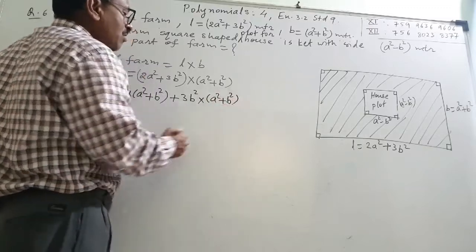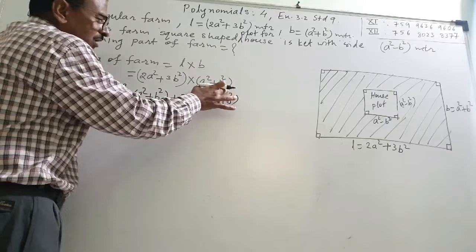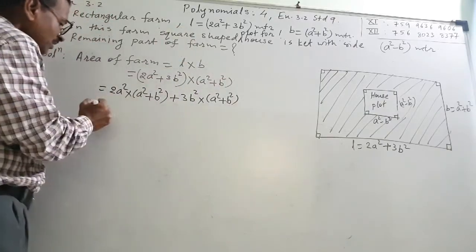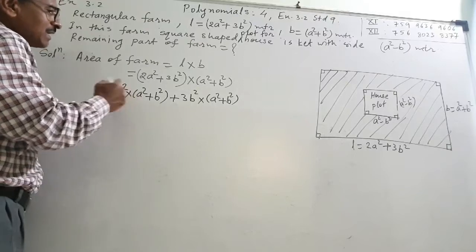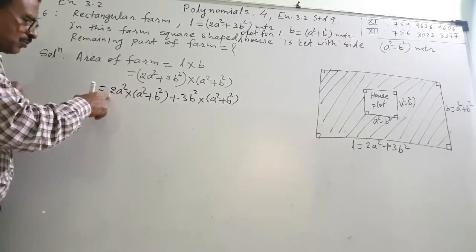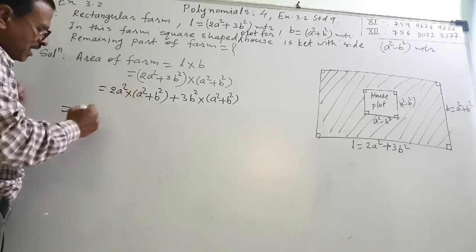This is the way of expanding. First of all, by this I will multiply the whole, then by this I will multiply the whole. So this is equal to 2 into 1 is 2, a square into a square.